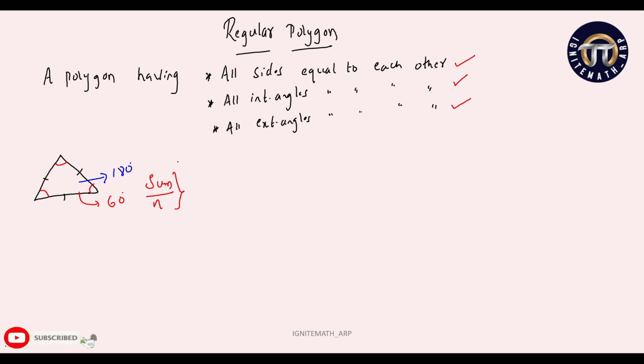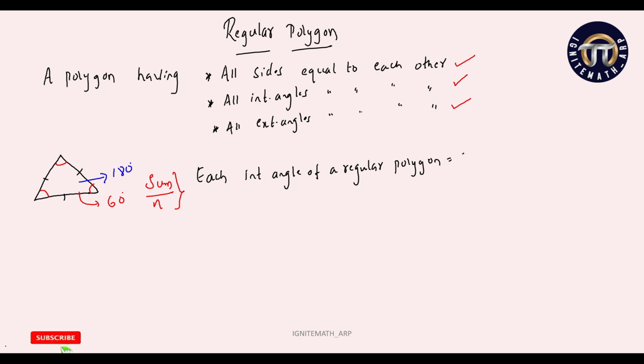to find out the value of each interior angle of a regular polygon. Clear? So I can say that each interior angle of a regular polygon is given by the formula (2n minus 4) into 90 divided by n, because here we have divided by number of sides.